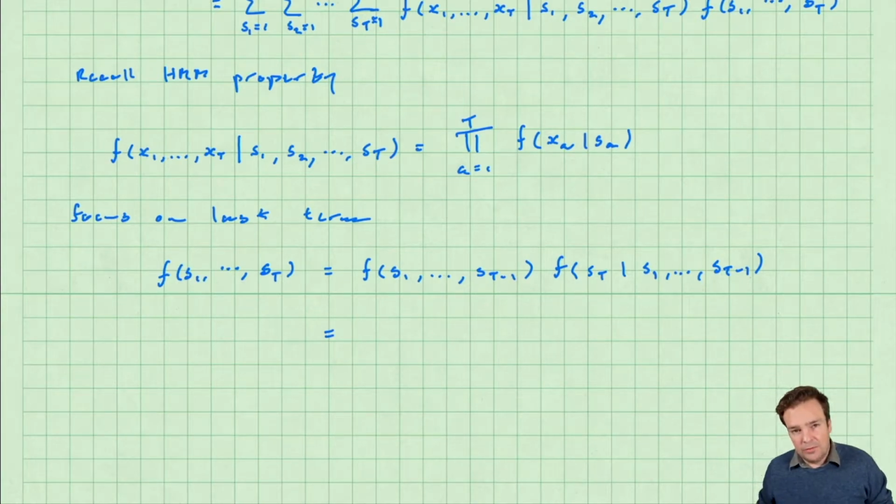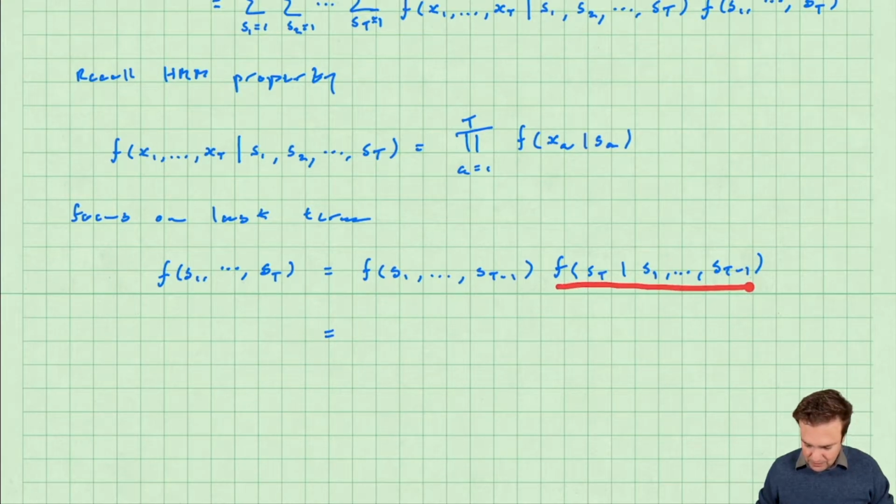Then we use the Markovian property, which says that this last thing here is the same as the conditional probability with just this one, right? That's the Markovian property of the Markov process or Markov chain.